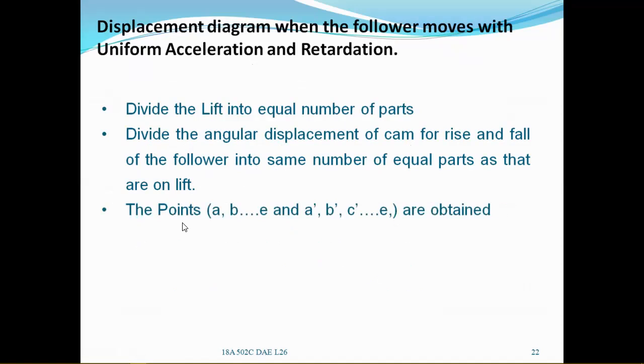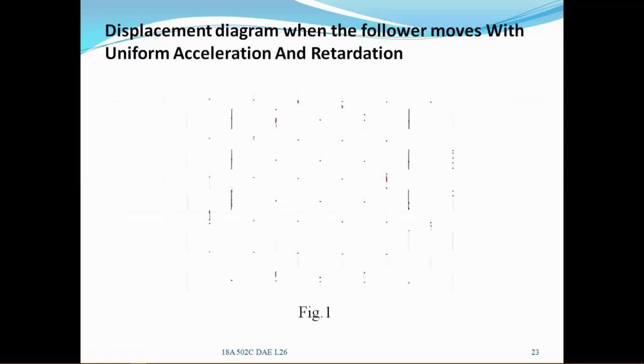The points A, B, C, D, E, F, G, and similarly A dash, B dash, C dash, D dash, E dash are obtained. Join these points to obtain a smooth curve. That will become the displacement diagram.